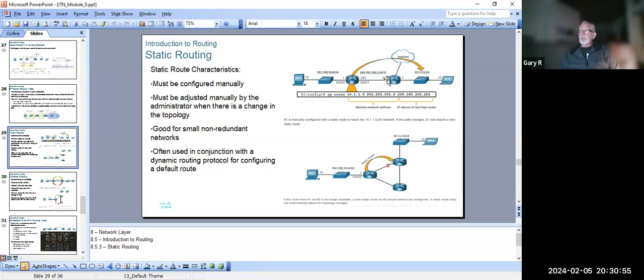So that's the next hop, and that's the destination network. Static routing is useful in many circumstances, but it's not very scalable. So often you will have some static routes in your network, but in conjunction with that, you'll also have dynamically learned routes.